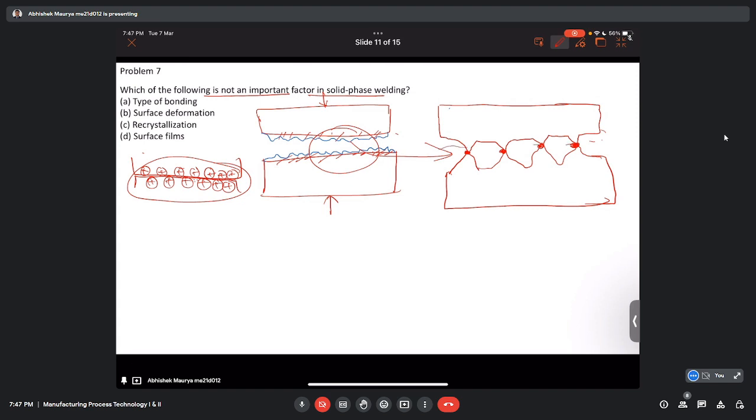So what will happen when we apply some load? Both materials will get plastically deformed, something like this.